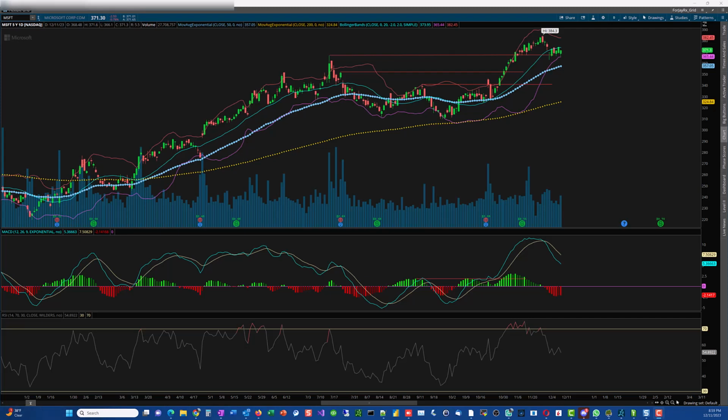What I generally look at is anything greater than 4 hours, and generally I like daily candles, either daily or weeklies. Those are swing trading. Anytime you're holding for more than a day, you're swing trading. Anything under a day within market hours is intraday trading, which is considered day trading.